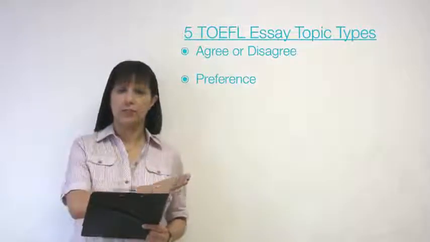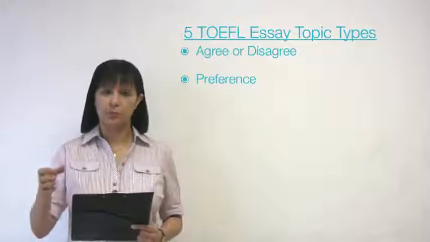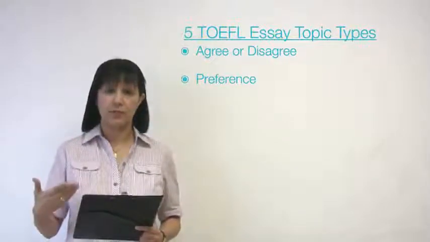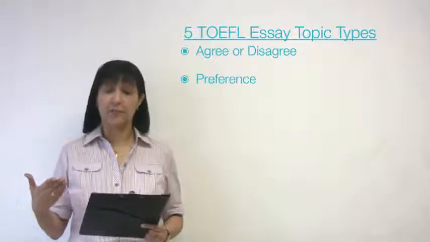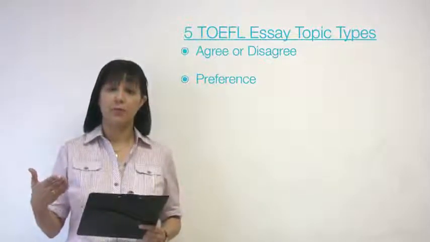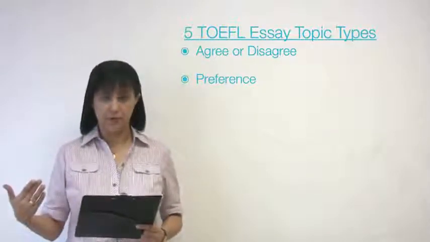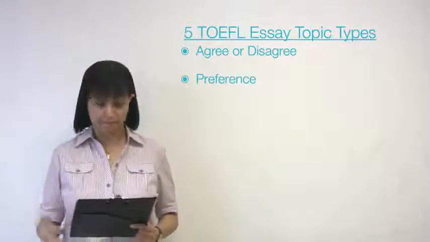Some people prefer to study alone, some people prefer to study in a group, and which do you prefer? You have to choose one and write about that one. Another example of that, some people prefer to spend their free time indoors. Other people enjoy spending their leisure time outdoors. What do you prefer? So again, this is an example of a preference type of question.